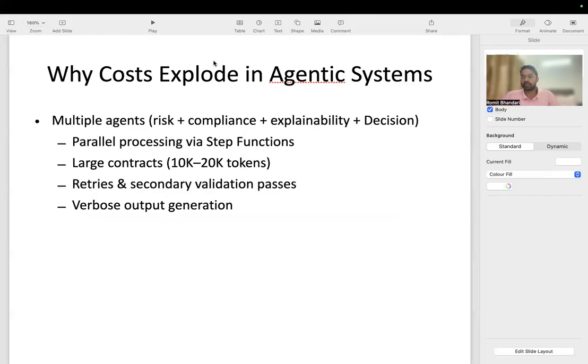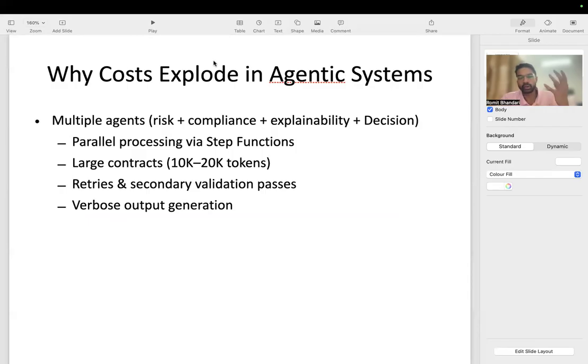First, let's see how costs explode in agentic systems, as I was telling, right? If you have already built an agentic AI system, or you have some knowledge on that, you would know that in those systems we use multiple agents.